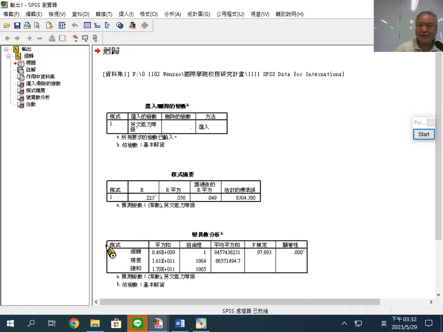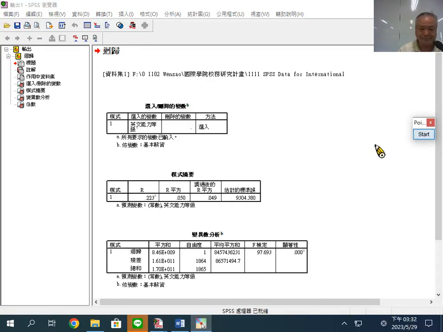Normally, when we have the statistical output from SPSS, remember, we do not just copy and paste. If you do that, you just miss the point. We have to carefully select some of the numbers here so that we can report the result. So what are the numbers we need to include?